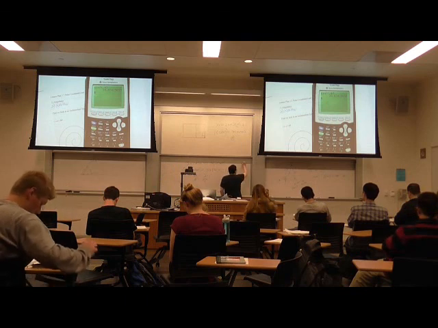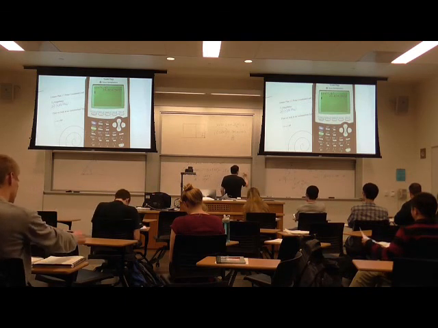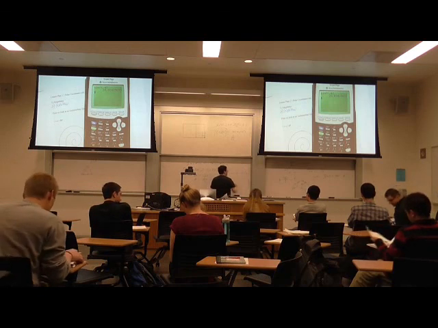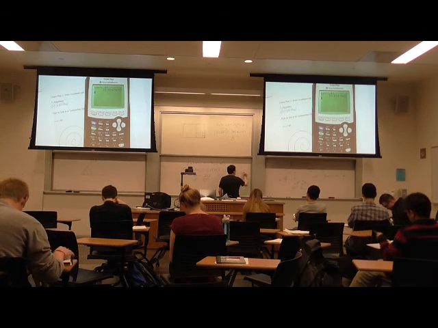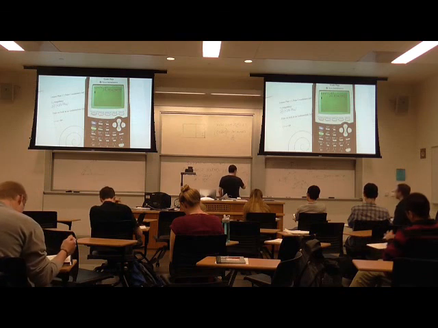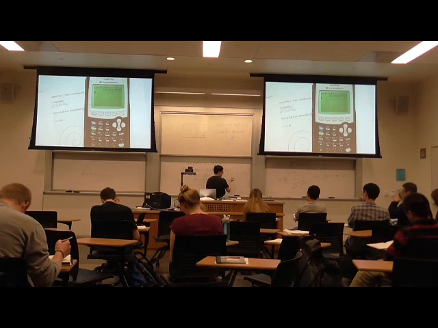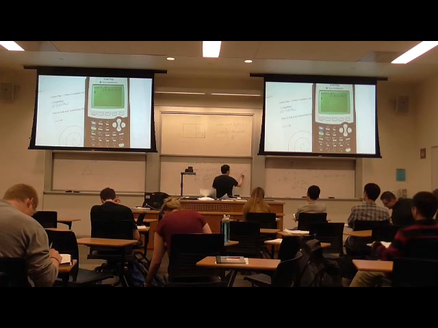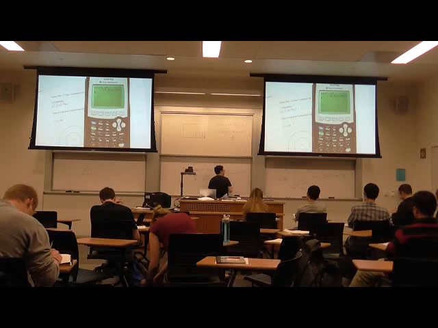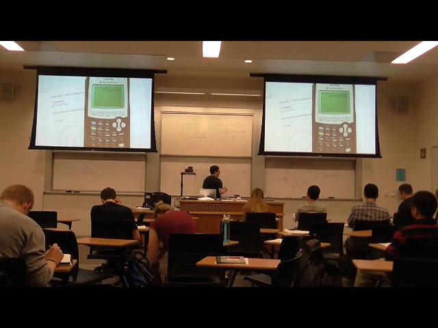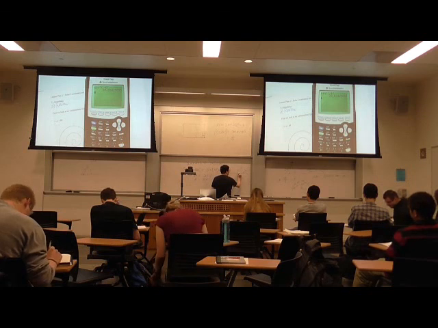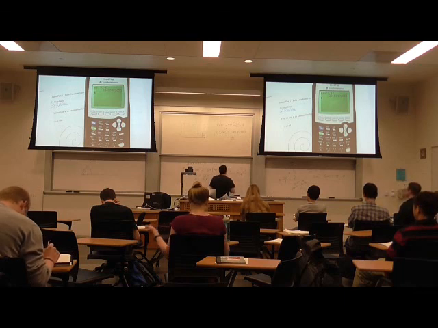So the sine is 0.47. That's 28 degrees. The next angle that could fit this would be the one over here, which is the complement of 28 degrees. So that's 152 degrees.